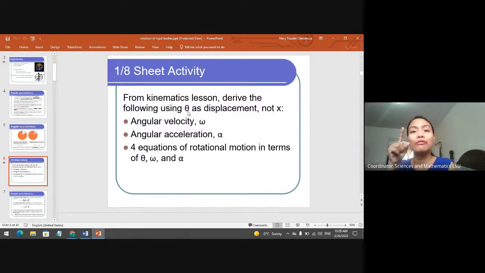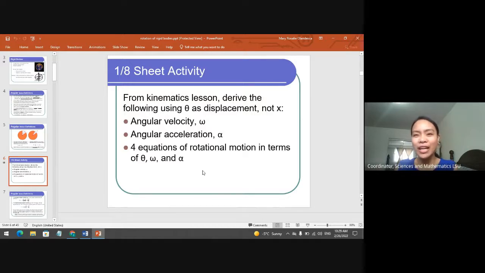Instead of using v for the velocity, we use omega. Is this omega? Okay, just counter check that. Omega is for angular velocity. And instead of using acceleration, we use alpha for angular acceleration. And we can now derive our four equations for rotational motion in terms of theta, omega, and alpha.